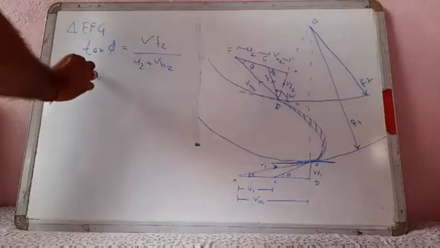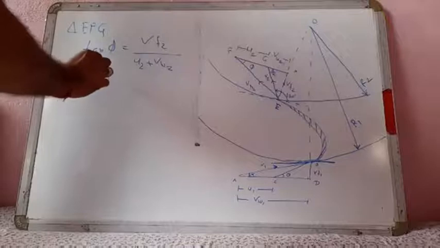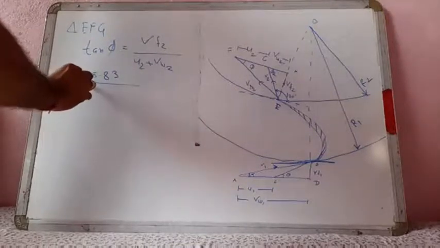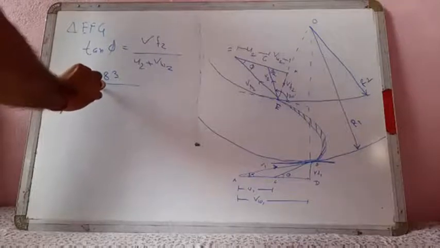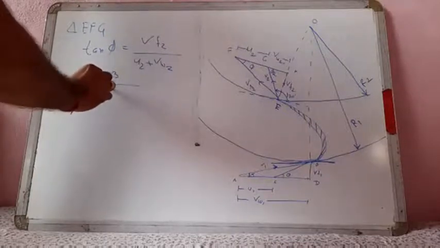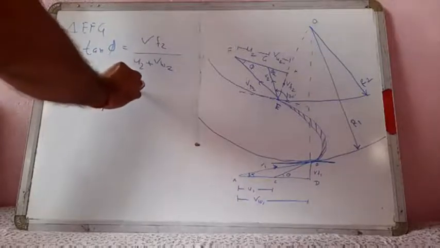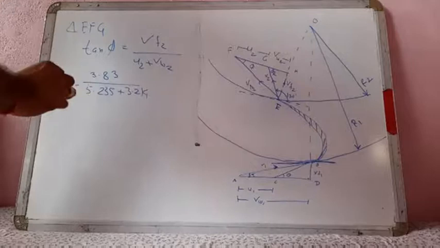Putting the values here, this is 3.83 divided by 5.235 plus 3.214.